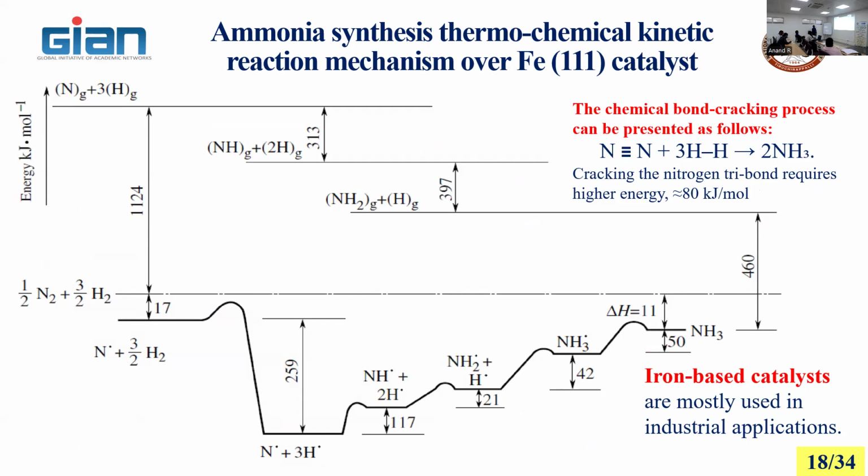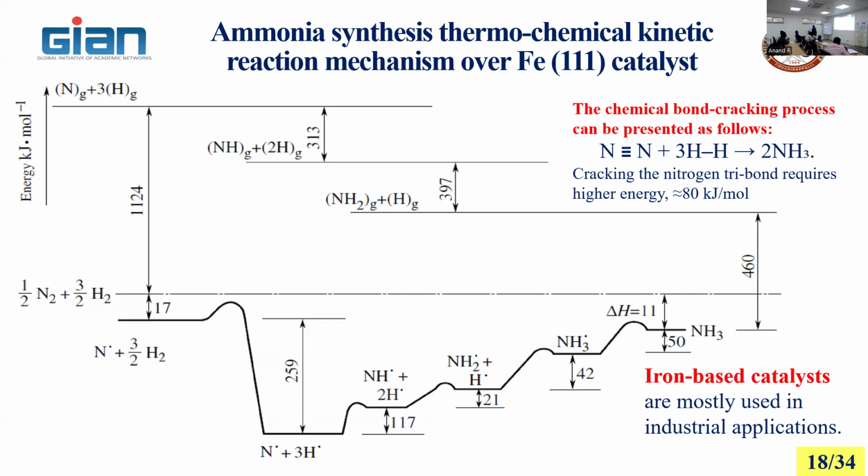How much energy per kilojoule per mole they are providing to form ammonia: about 1124 plus 14. So the total energy they are supplying here, to form the different intermediates and finally ammonia, is about 1150 kilojoule per mole.